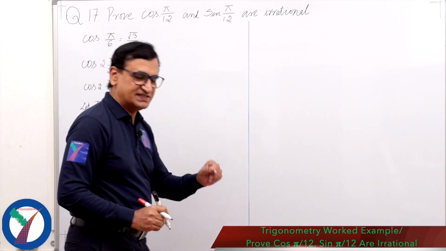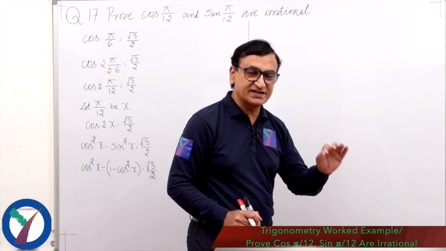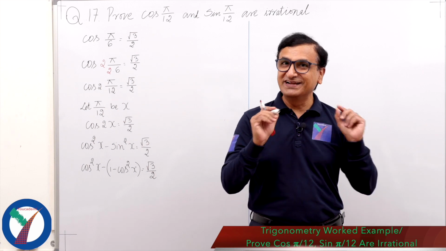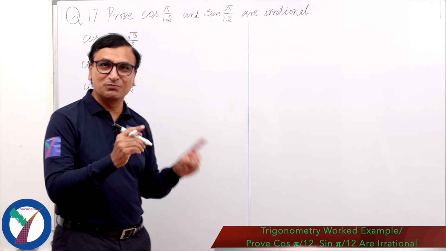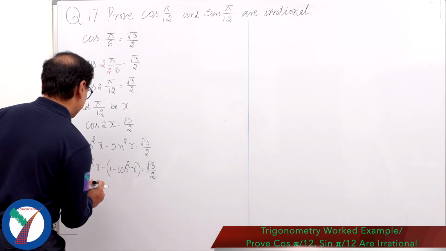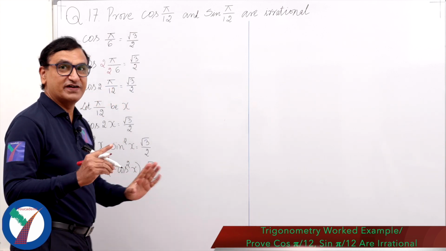Okay, now if you have seen our rational root theorem video, we said all coefficients should be integers. But I have the square root of 3 here. So what do I do? I can square both sides, right? I want to simplify this, then square.